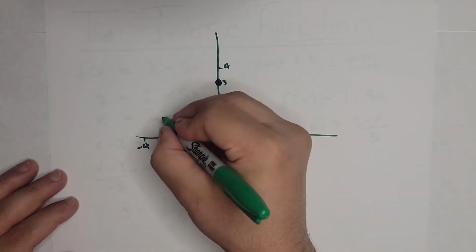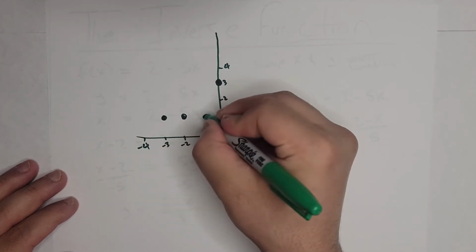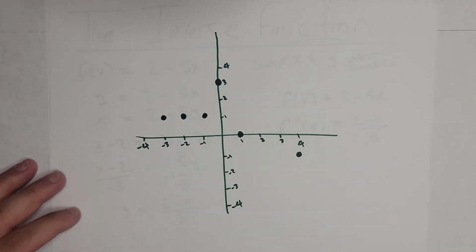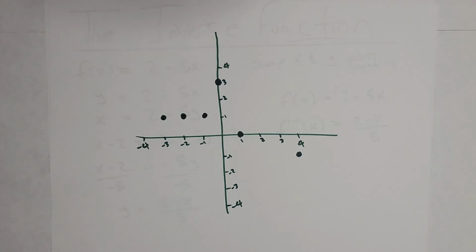So now let's say I have these points and I ask you to graph the inverse function of this. And this is actually very straightforward.